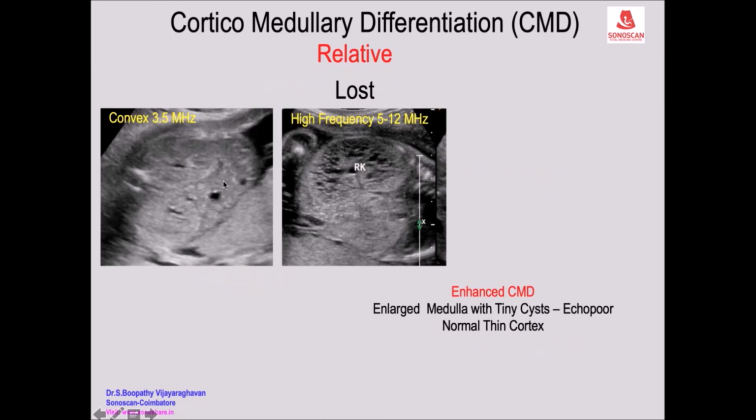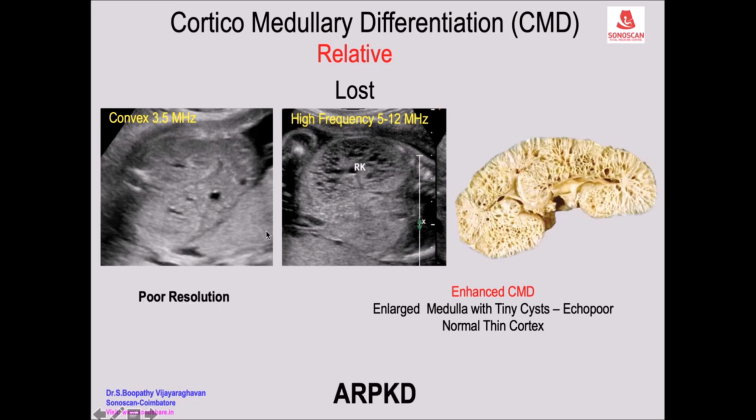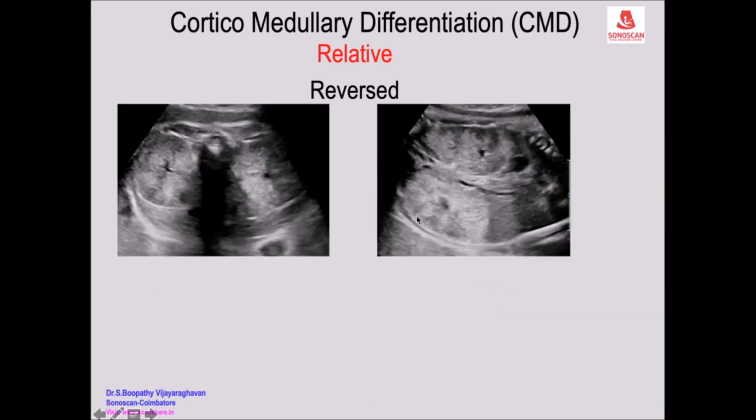To diagnose pyramids containing cysts, whereas with the convex probe it looks like the CMD is lost. The kidneys are enlarged and echogenic, whereas the cortex is still echopoor. This is the appearance with the convex 3.5 MHz probe in both axial and longitudinal scans.